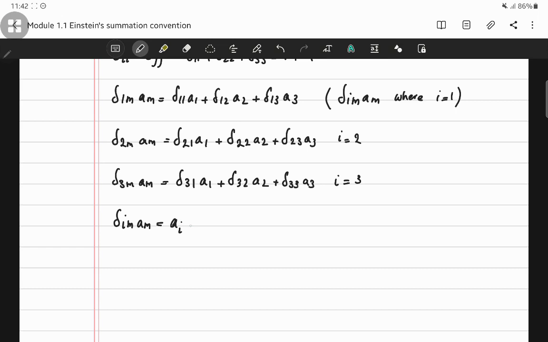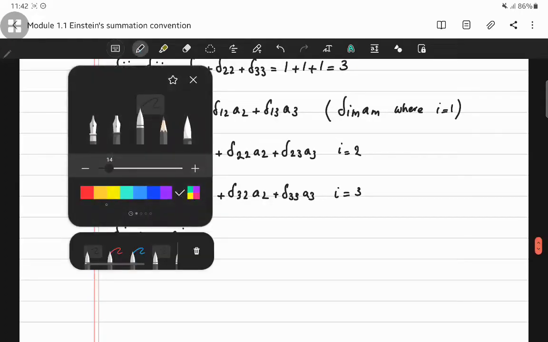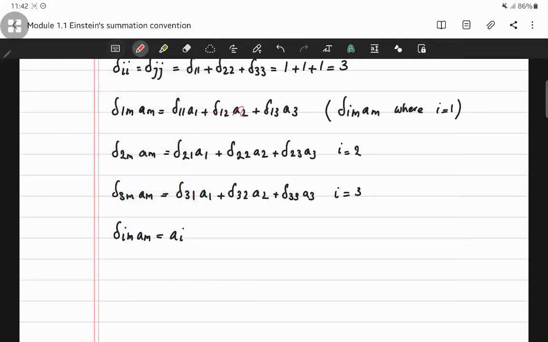You can simply put delta i, but this doesn't give any meaning. So you have to put a i here. So it will give you a vector. If you have something like the Kronecker delta times a vector, it will finally give you a vector. Let's check this. This is 0, this is 1, this is 0, this is 0. So we will finally get a 1.